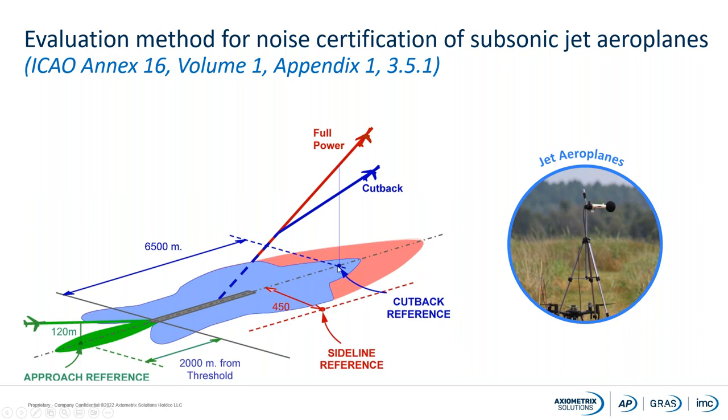We have a cutback reference with another microphone, and we have an approach reference where you also have a microphone. And the standard says that it should be 4 feet or 1.2 meters above the ground. It should be a free field microphone of 1/2 inch.